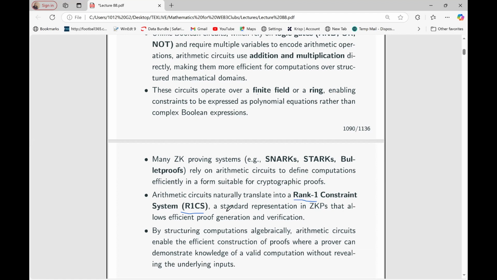This is just a standard representation in zero knowledge proofs that allows efficient proof generation, because you'll be generating proofs and at the same time verifying the proofs. So the rank 1 constraint system allows us to do that. And so it's very important to understand the arithmetic circuit, because we will see later, when we look at rank 1 constraint, that the arithmetic circuits just translate into the rank 1 systems.